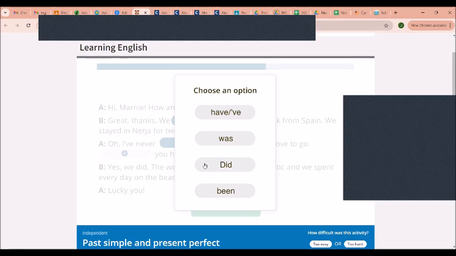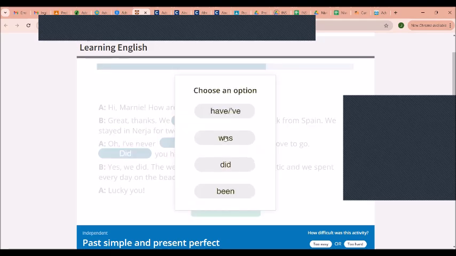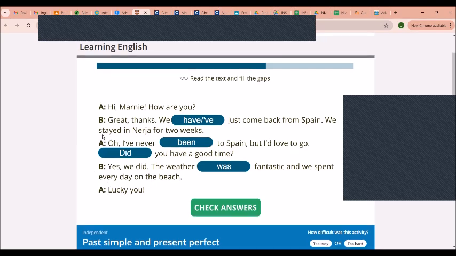Did you have a good time? Yes, we did. The weather was fantastic and we spent every day on the beach. Lucky you. Good. All right.